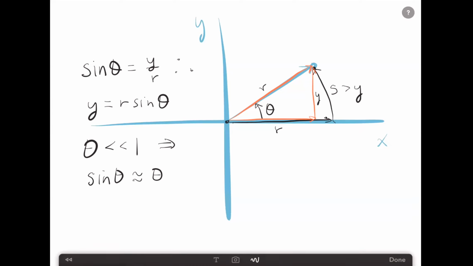I'm simply saying that if we decrease the size of our triangle, this little vector right here is getting closer and closer to S. So Y is starting to approximate S. In the limit as it goes to 0, S will equal Y.